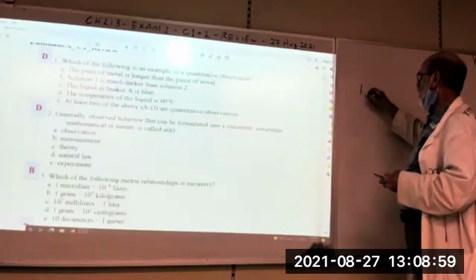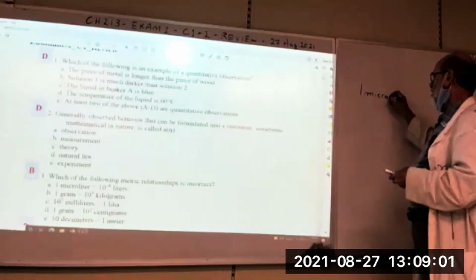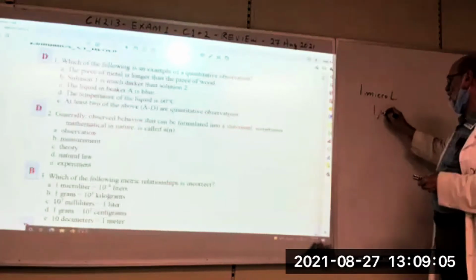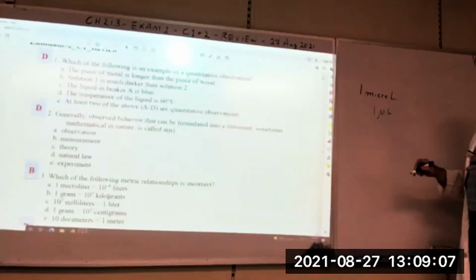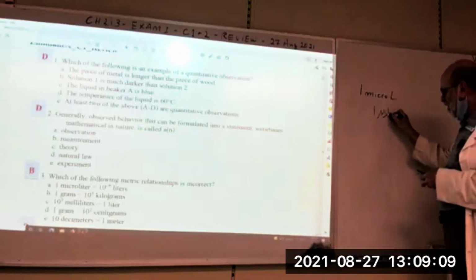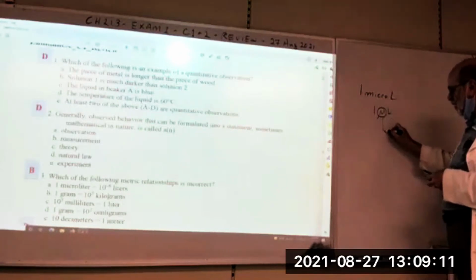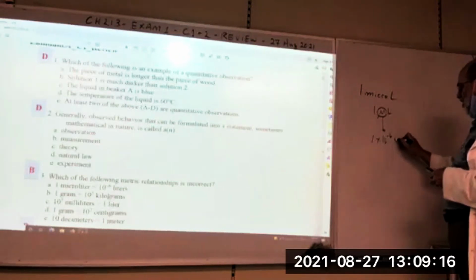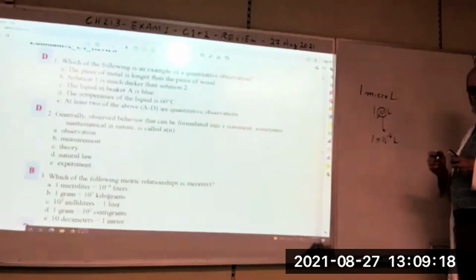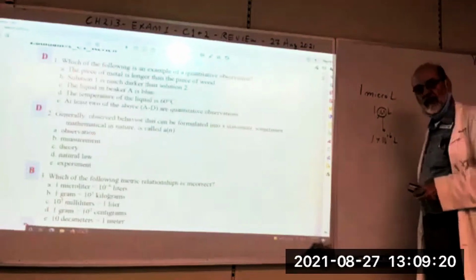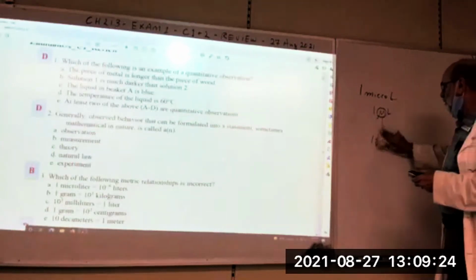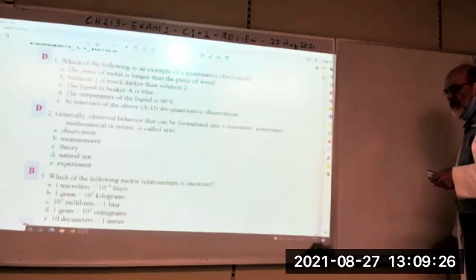If you have 1 microliter, write it like that, then you take this part of the unit and ask what does that equal? That's 10 to the minus 6. So 1 times 10 to the minus 6, and you keep the liter. I found that to be the simplest way to deal with these prefix conversions: what does the prefix mean?